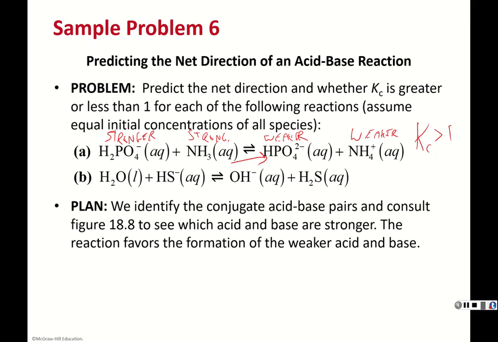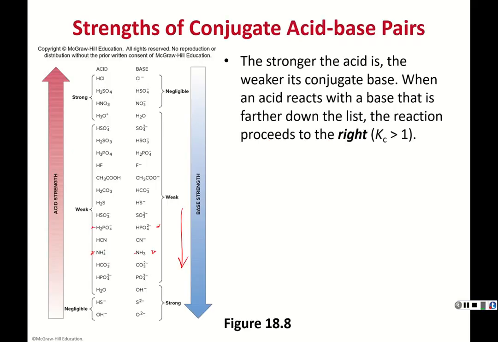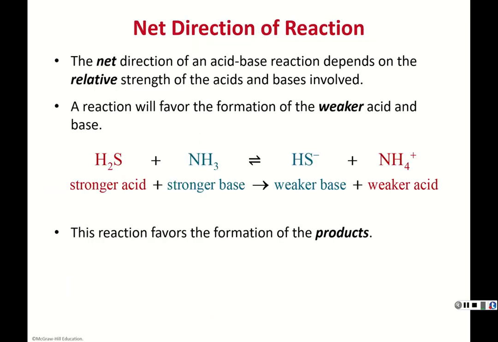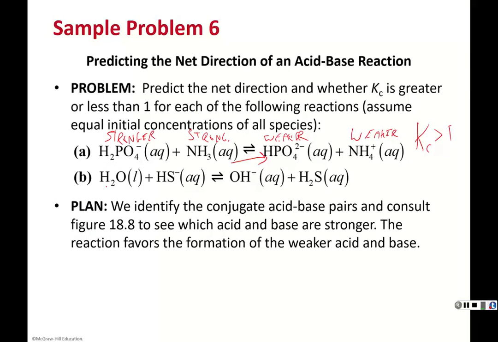Okay. Our second reaction, H2O plus HS minus. Is H2O a stronger acid? It's acting like an acid in this. Or is H2S? Well, it turns out if we look back here, H2S is here and H2O is down here. And anytime you have that, that's weaker and this is stronger.